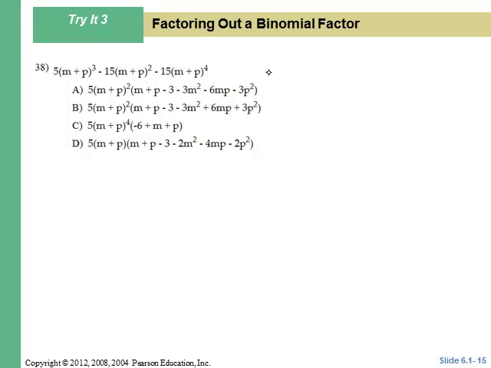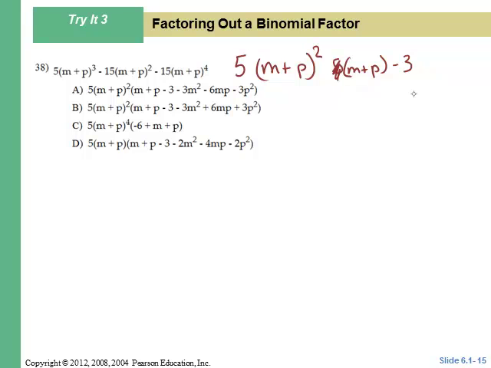Okay, we can factor out an m plus p squared, and we're left with 5 times m plus p minus 3. Oops, I'm sorry, we can factor out a 5.